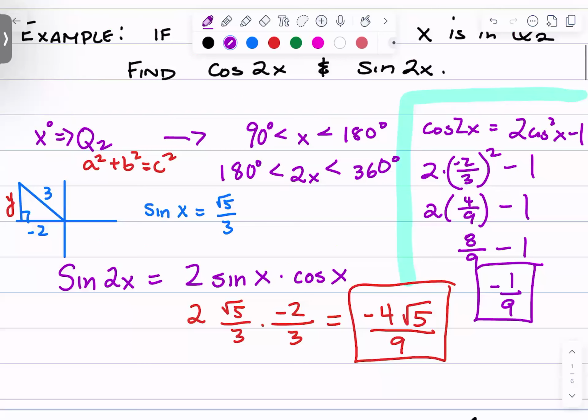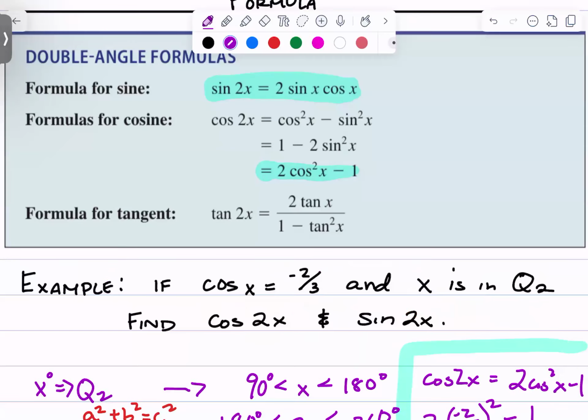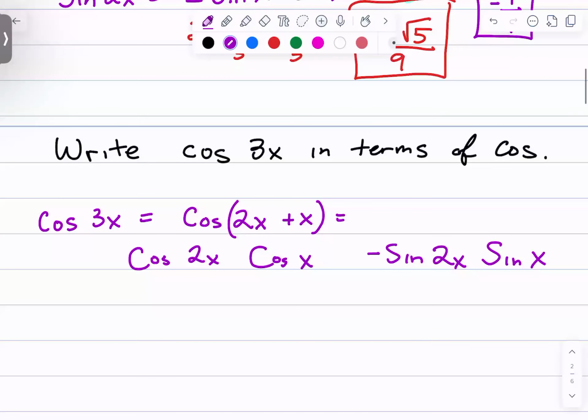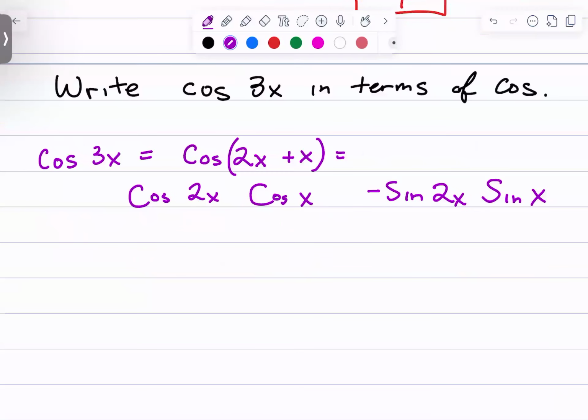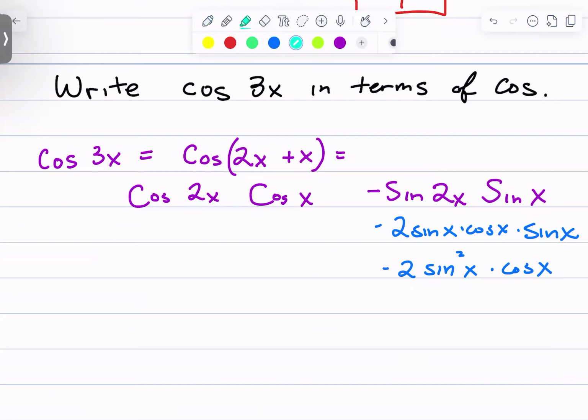I am going to use the first one or the last one again. Okay, so I know sine of 2x equals 2 sine x times cosine x, times sine x. So this would be negative 2 sine squared x times cosine x. What I did here was I just multiplied the sines.